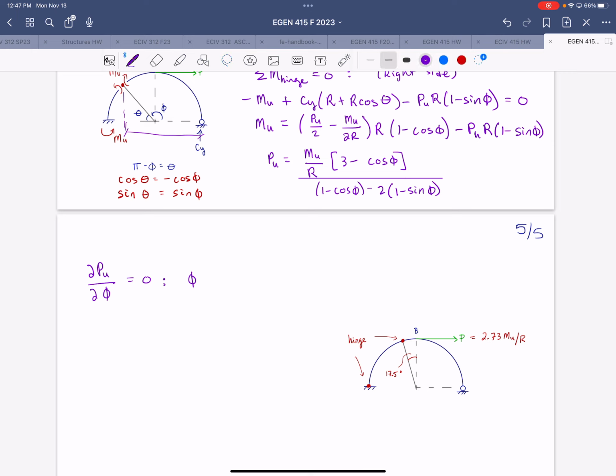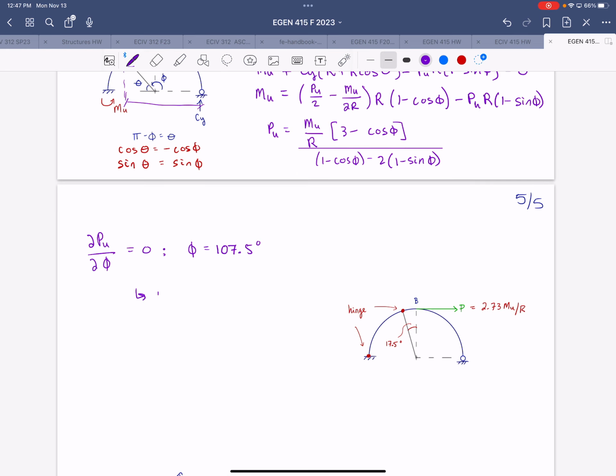Phi is equal to 107.5 degrees. So that corresponds to a PU of 2.73 times mu over r. And that means that our vertical reaction, Cy, is 0.865 times mu over r.